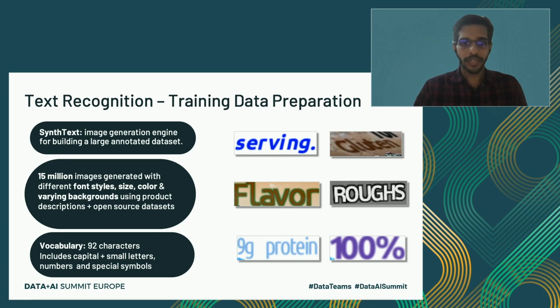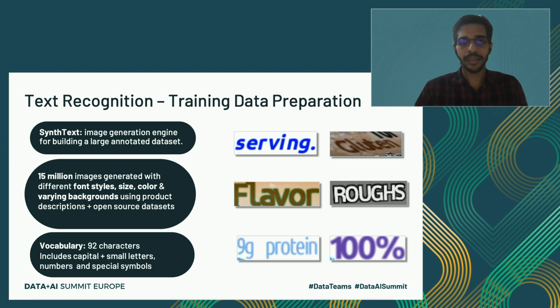Before diving deep into the techniques, I would like to focus on the training data generation part for the text recognition task. We are using the product titles and descriptions and trying to synthetically create images from them. We are using a library called Syntext.